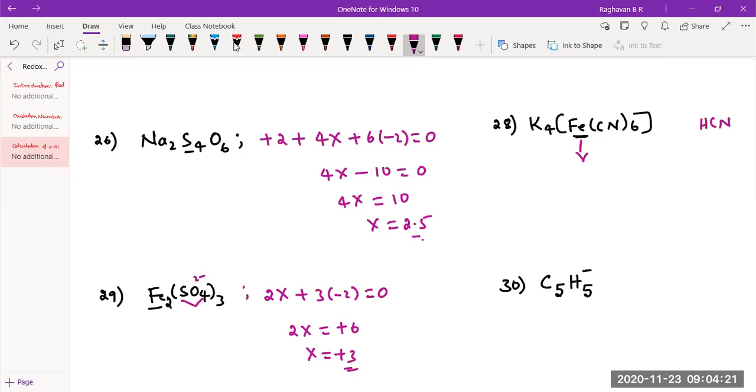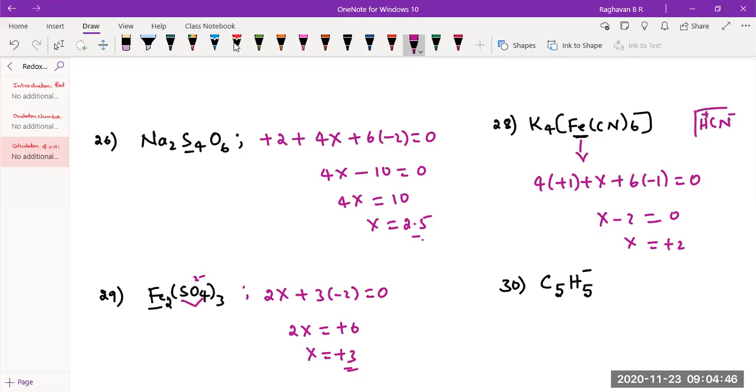HCN. H is plus 1, CN is minus 1. You must know that. So potassium 4 into plus 1, plus iron X, plus 6 into minus 1 is 0. So X minus 2 is equal to 0. X is equal to plus 2.